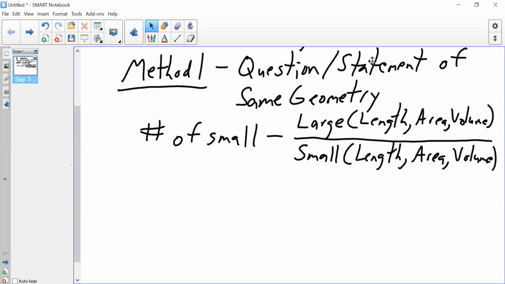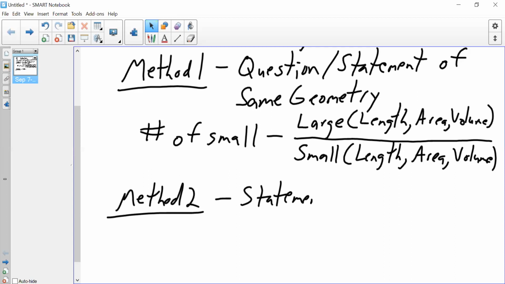All right, and then our second method for estimation is a question or statement of between two different quantities.